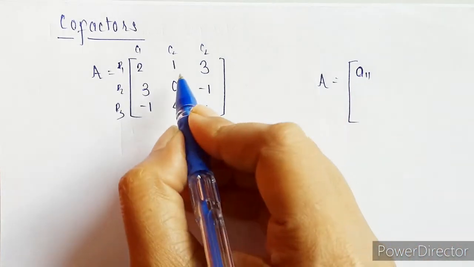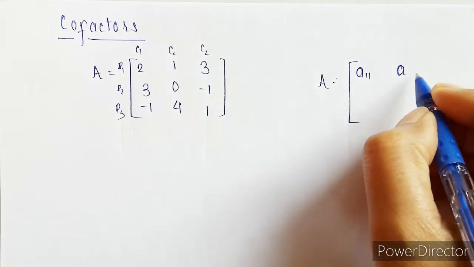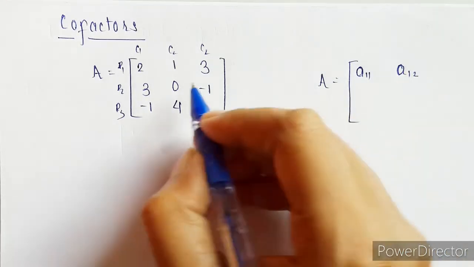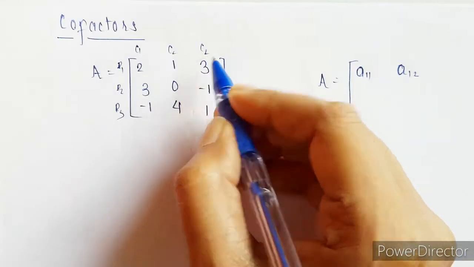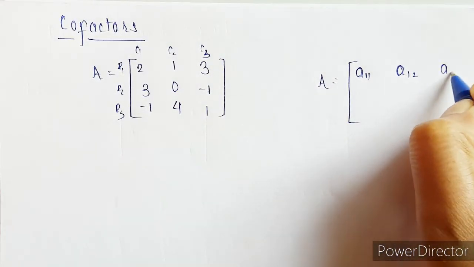Now the second element is from row 1 column 2, so we can represent this element as A12. Next is from row 1 column 3, so we can represent this as A13.